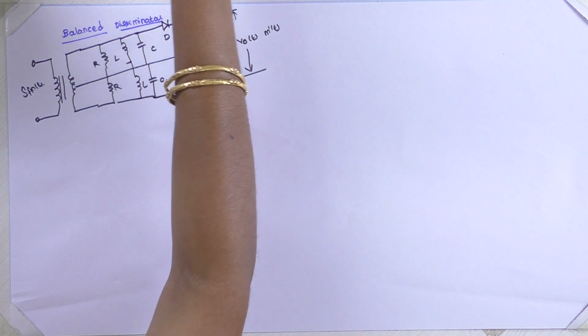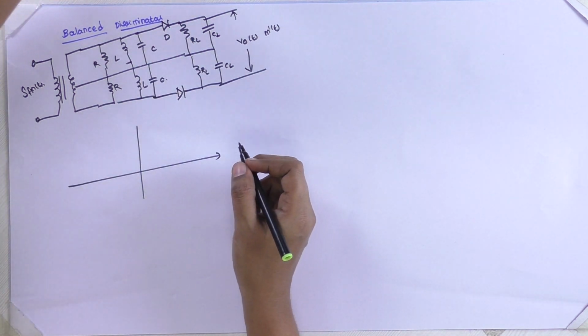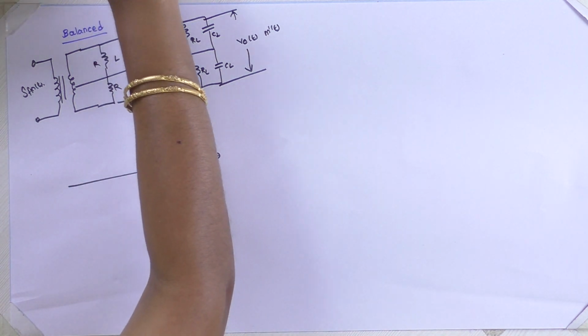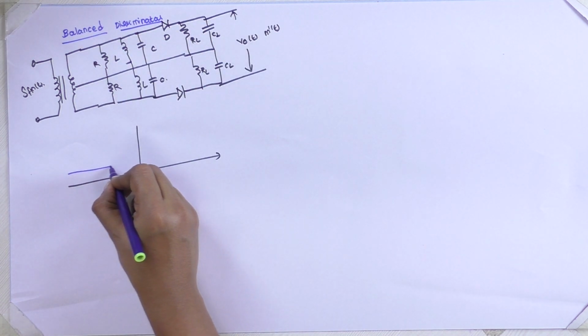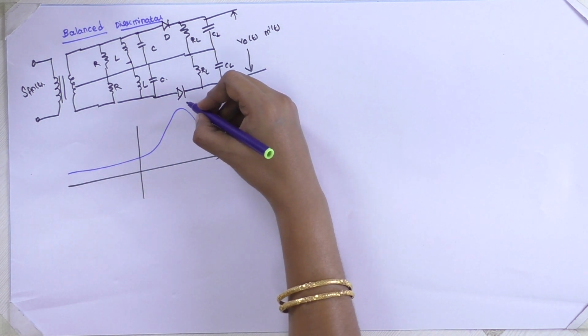By using the double tuned circuit, the resonant characteristics will look like this. This is the output of the upper tuned filter. So the linear region will be like this.